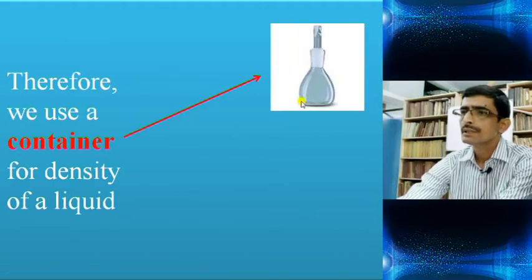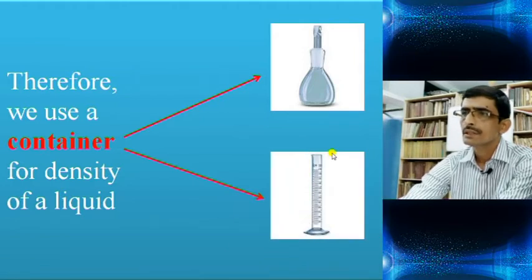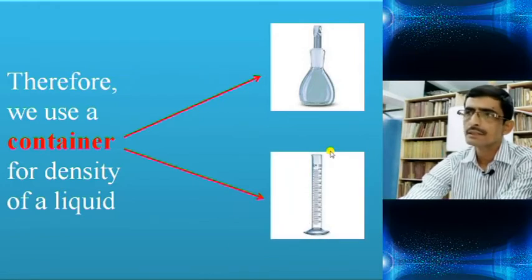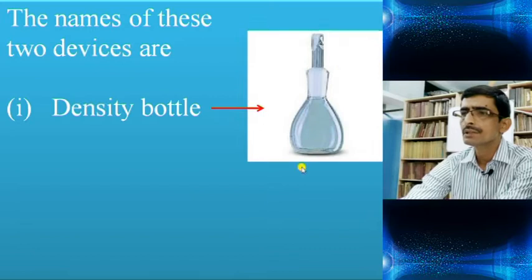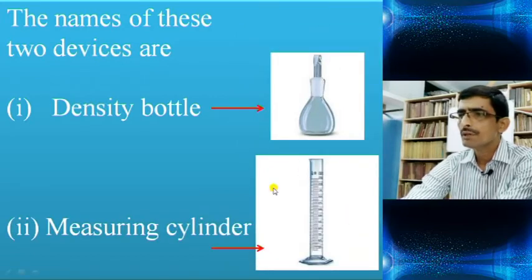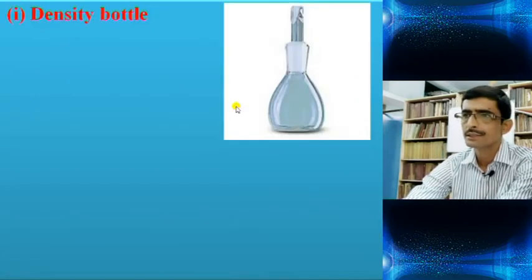This type of container or this type of container. Now let us learn the names of these two containers. The name of this container is density bottle, and the name of this container is measuring cylinder, the name of which we have learnt earlier.